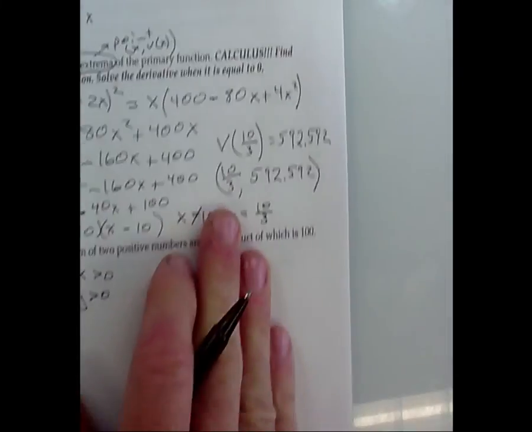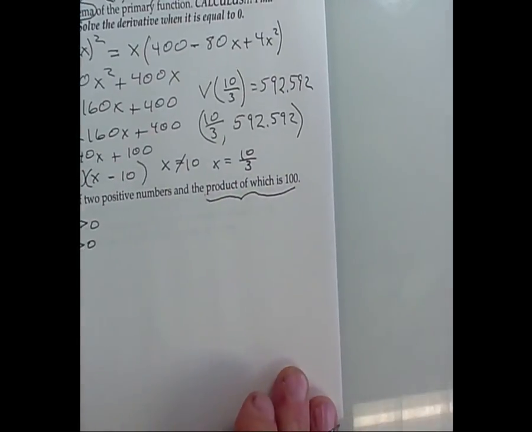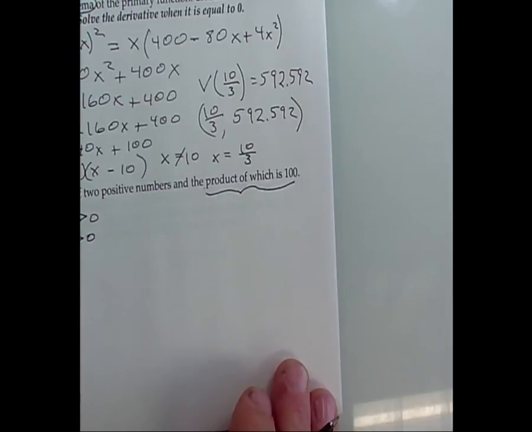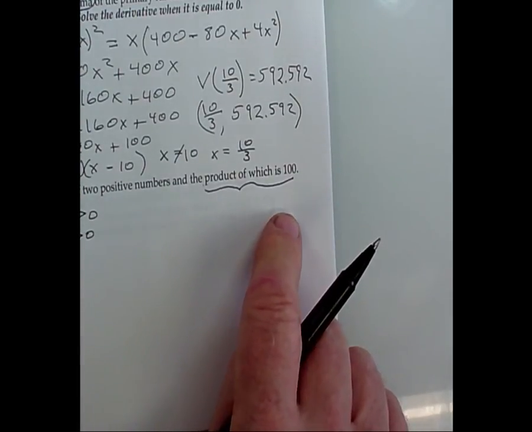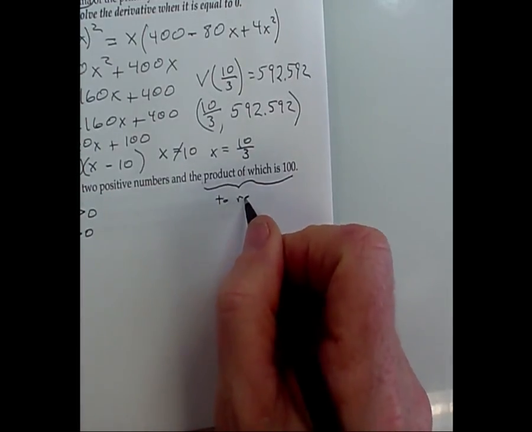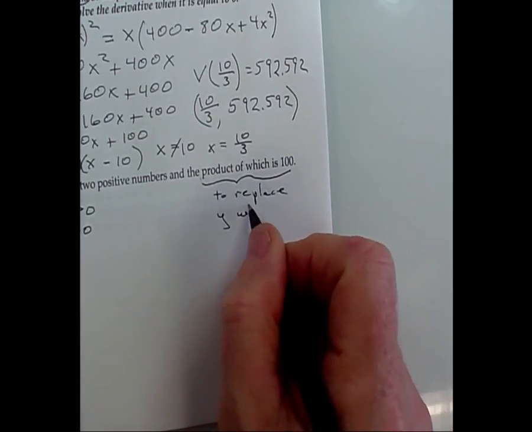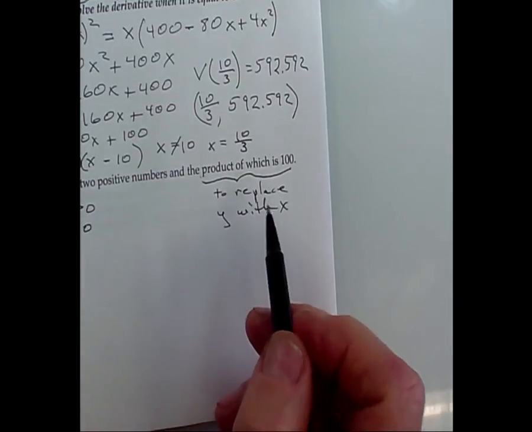They give me some more information. The product of those two numbers is 100. So the purpose of this information is to get rid of y, to replace y with x. So what's this equation, Julia?